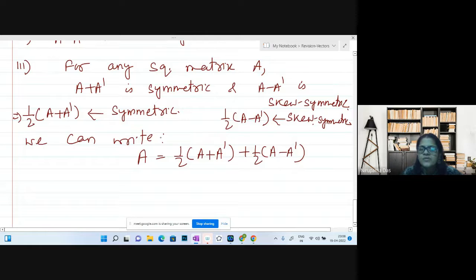As we just proved, this is symmetric and this is skew-symmetric.